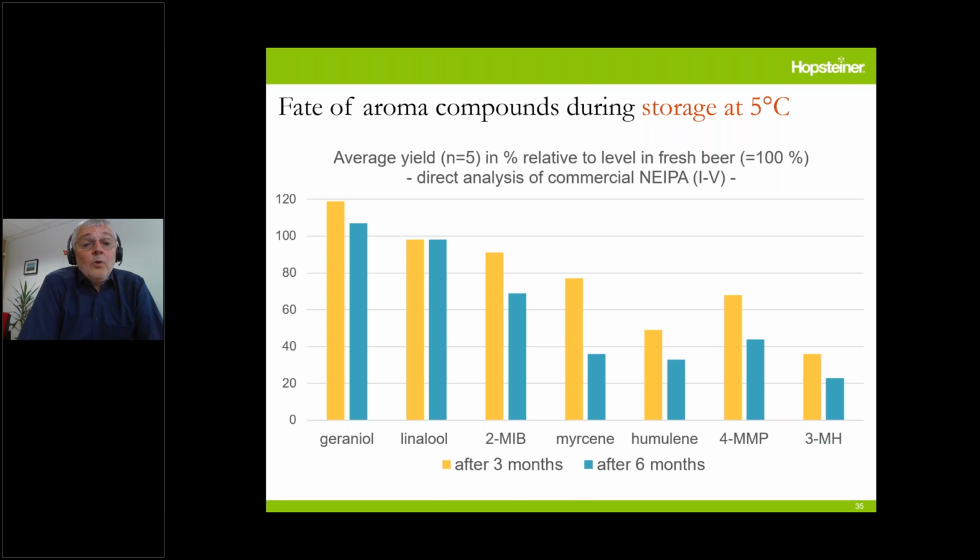So only for the terpenols do we have stability during storage, but most of the other compounds are decreasing in dependence of the storage time. But this is a typical picture for all beer samples that we know, so nothing special in the New England IPA.